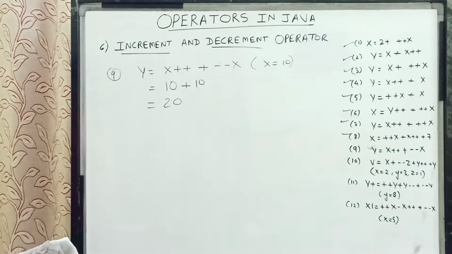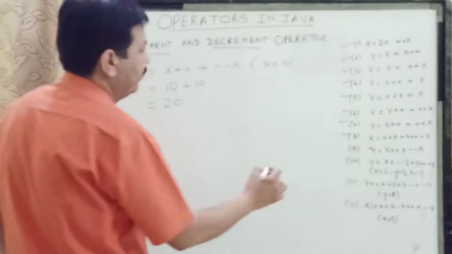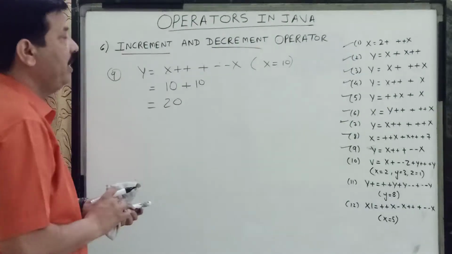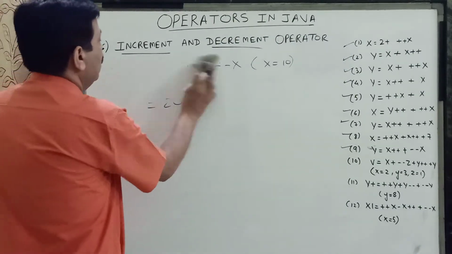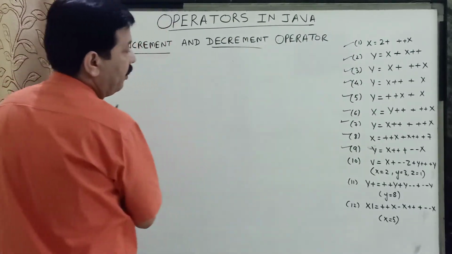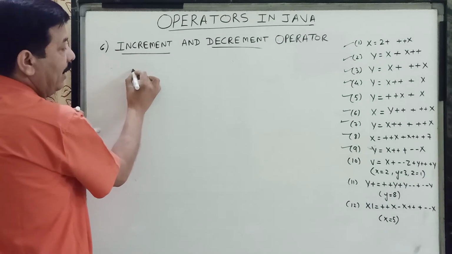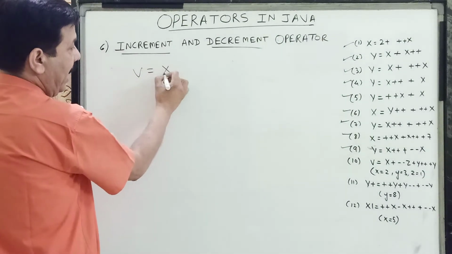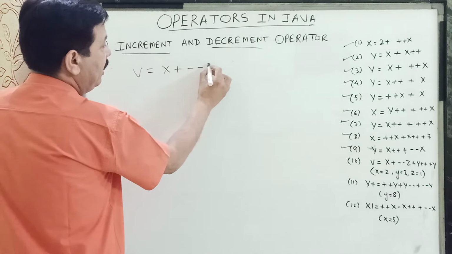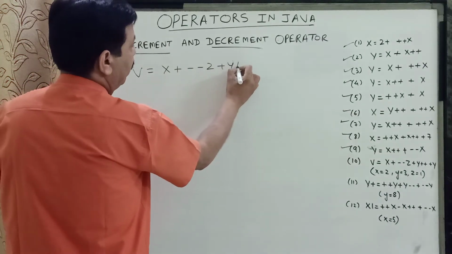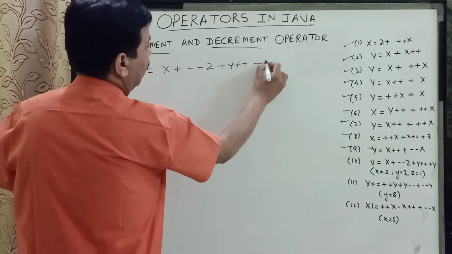Now children, we come to the 10th one, and this is the question asked in 2019 board exams. The question from 2019 is v is equal to x plus minus z plus y plus y.